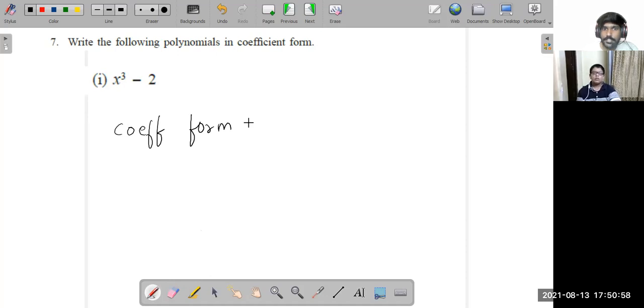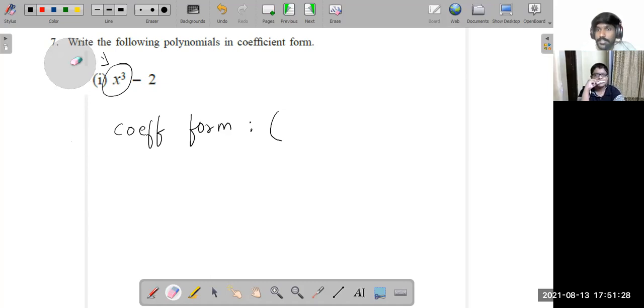Start with the highest power, that is x raised to 3. What is the coefficient of x cube? No, x cube is present. x square is not present.